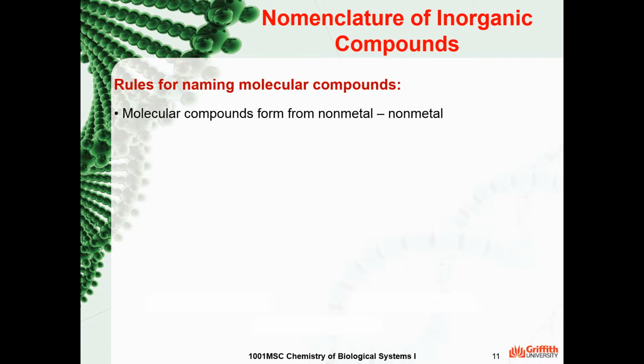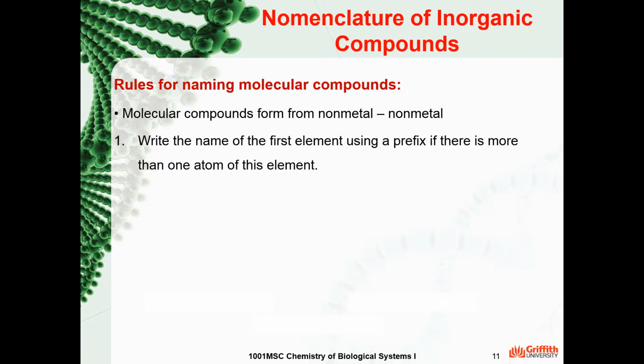The second type of compounds are molecular compounds, which form from 2 non-metal elements. To name these compounds, we follow a similar way as before, but we also need to include prefixes. So we write the name of the first element using a prefix if there is more than one atom of this element.